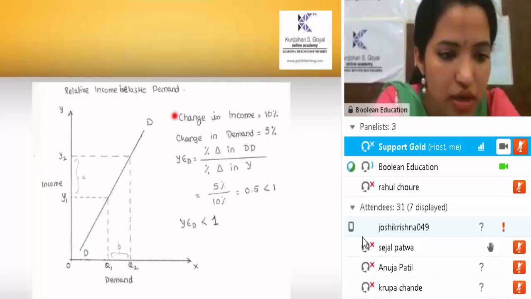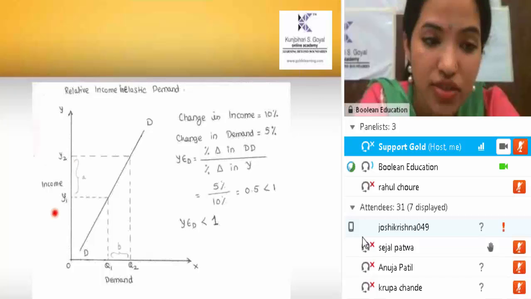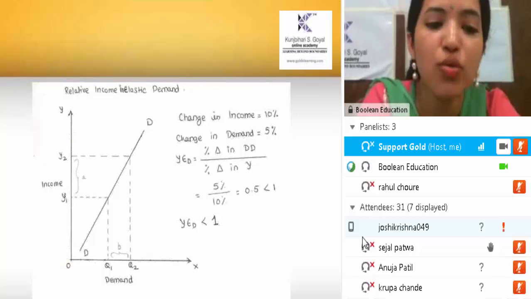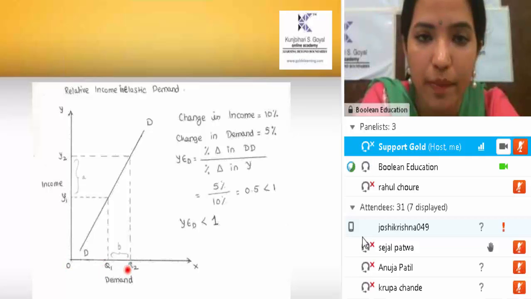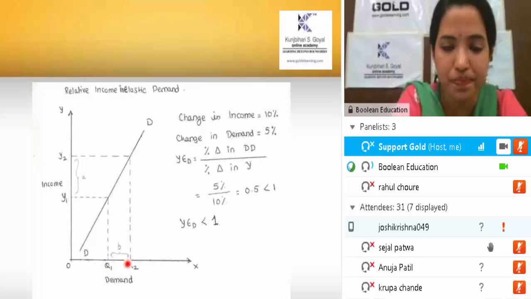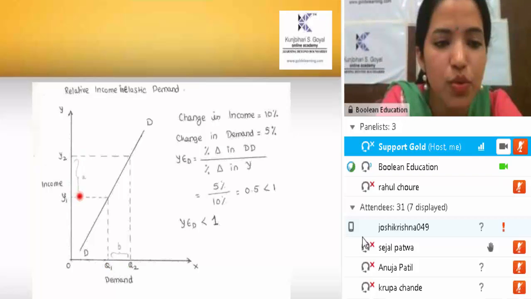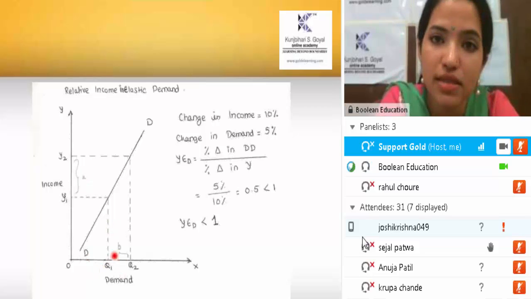So your original income was OY1, and income increased to OY2. As soon as income increased, look, OQ1 was the original demand, and now the person's demand increased to OQ2. But look at the distance between Y1, Y2 and Q1, Q2. The distance between Y1 and Y2 is A and the distance between Q1 and Q2 is C. A is greater, C is lesser.